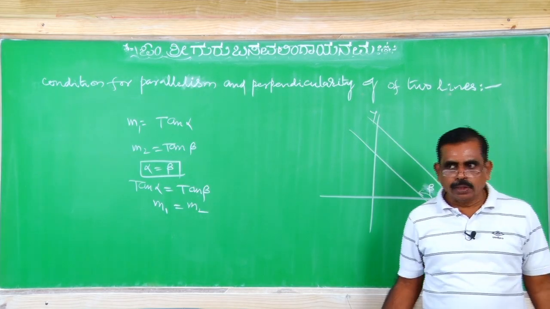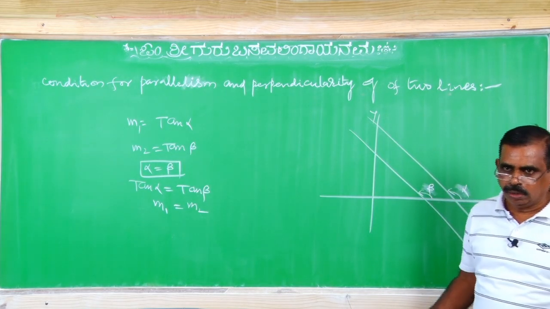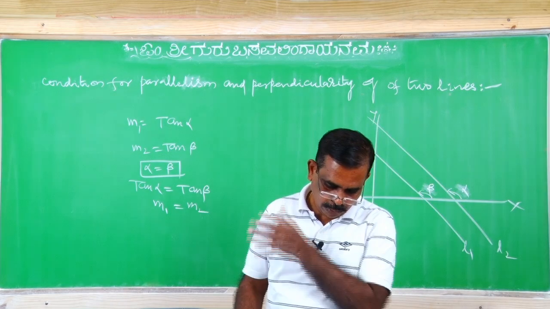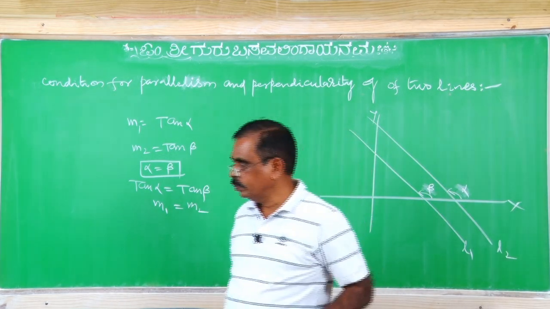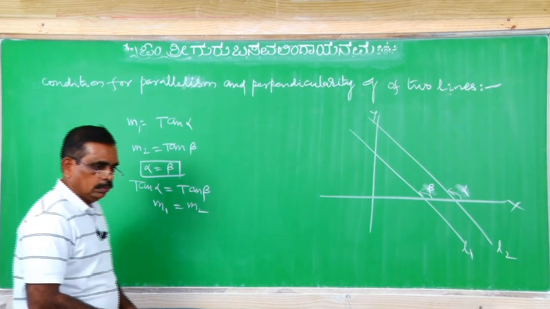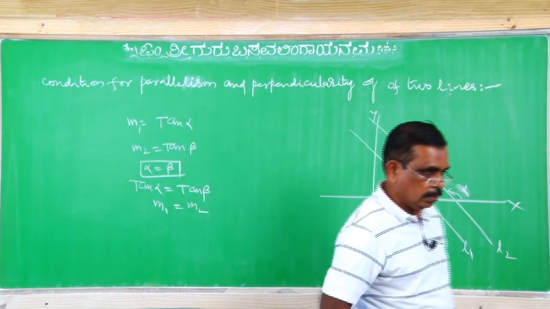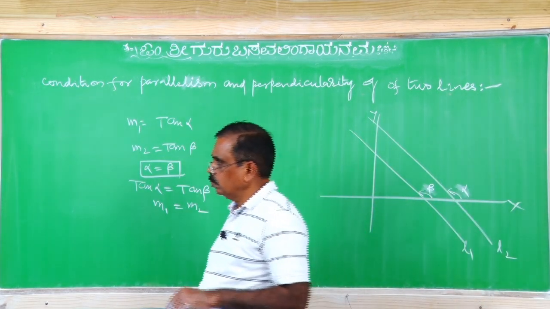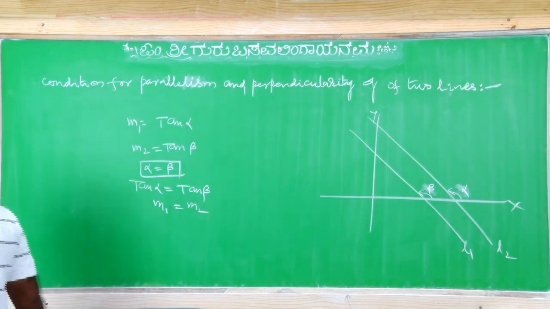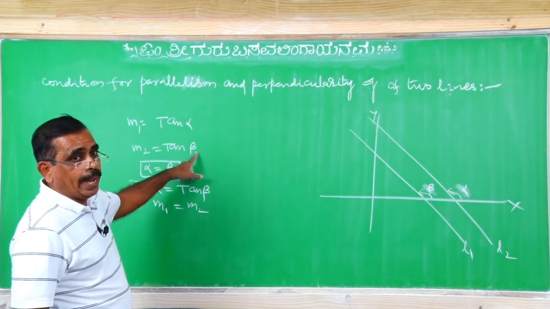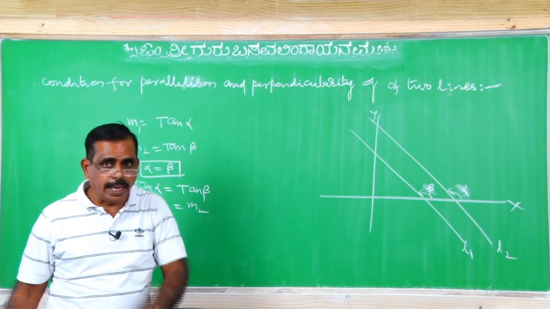Or lines are parallel, slopes are equal, vice versa, both are correct. This is the condition for parallelism. m1 is equal to m2, lines are parallel.